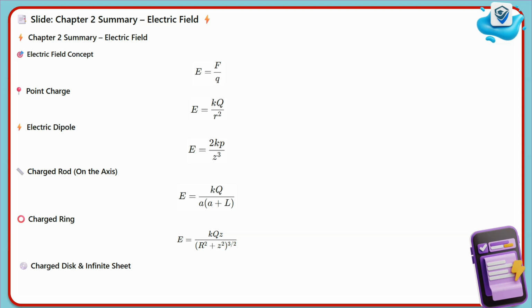Finally, we extended the same integration method to a uniformly charged disk and then to an infinite charged sheet. One of the most important formulas to remember is the electric field of an infinite charged sheet. E equals sigma over 2 epsilon 0.